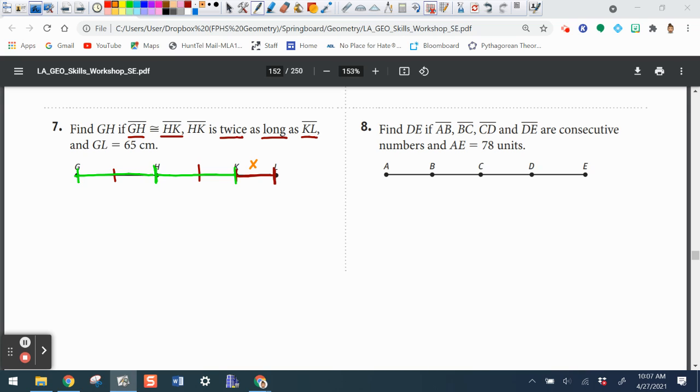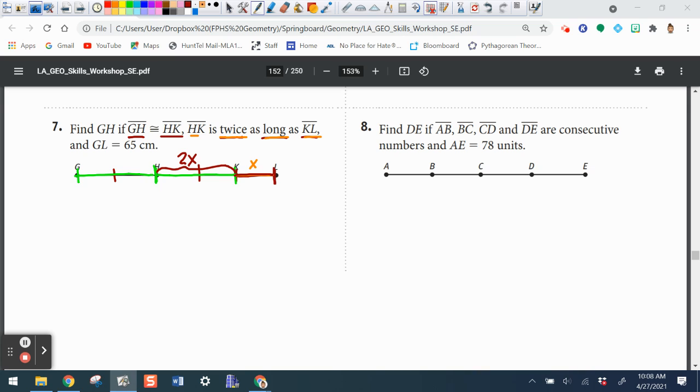Well, they tell us that HK is twice as long as KL. So if we represented the distance from K to L as x, H to K will be 2 times x, or 2x.